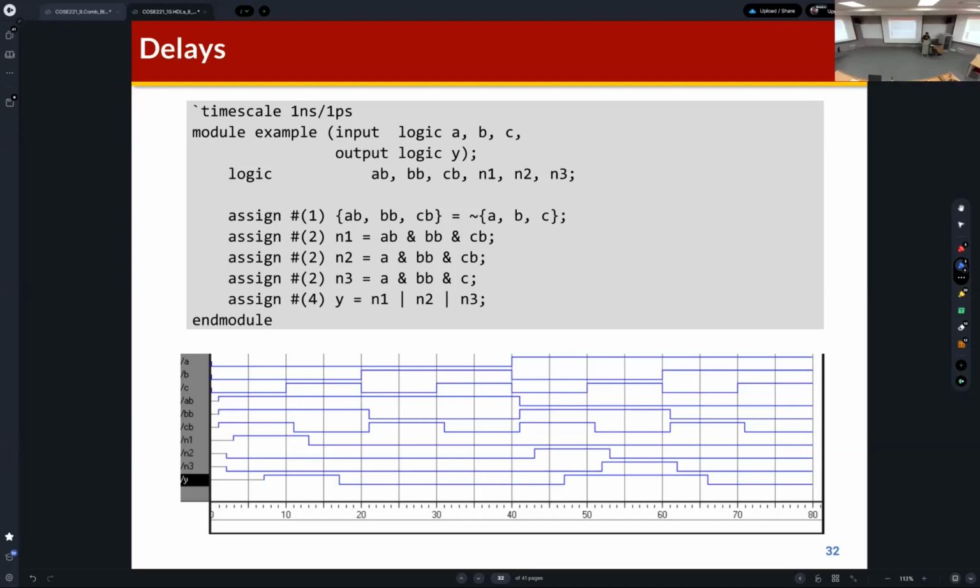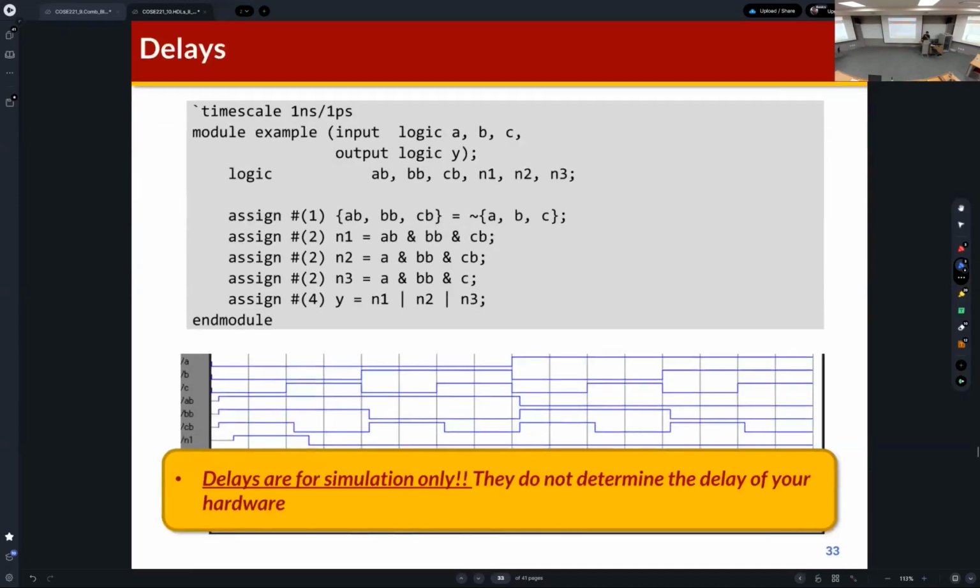And as you can see, the time scale is also defined here, which means that the delay of this logic is 1 nanosecond. But you need to remember that delays are just for simulation only. We design our audio module for simulation and synthesis, but this delay cannot be synthesized.